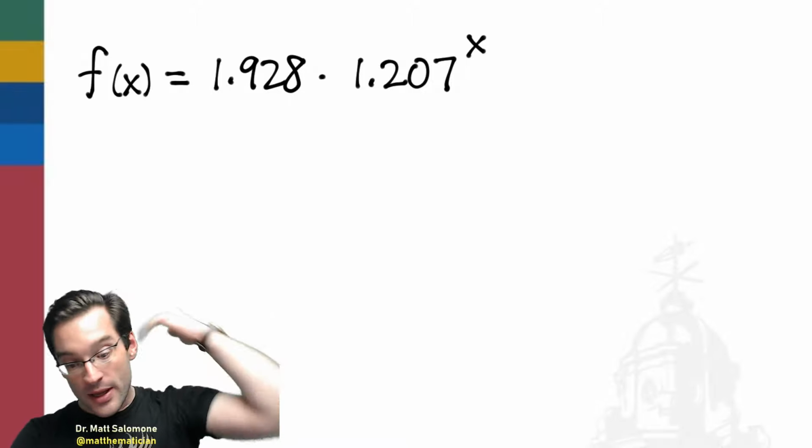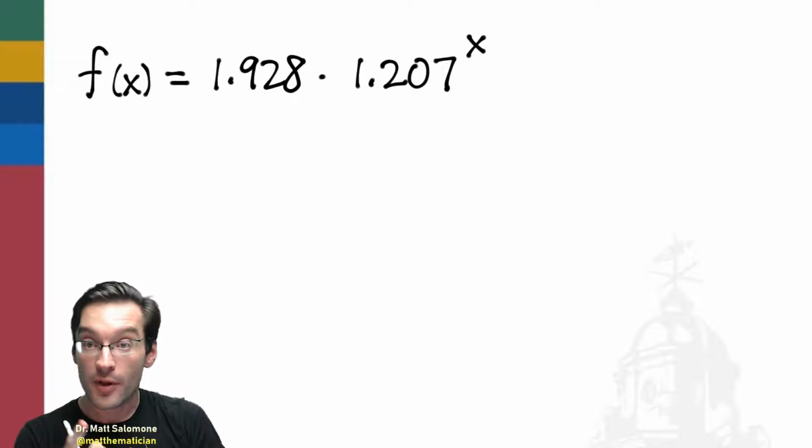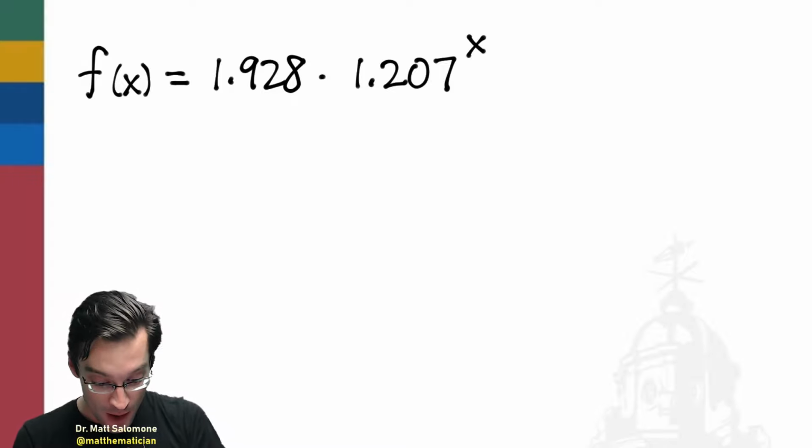So we can use this function now to do stuff. But before we do, because we've only talked about one type of logarithm so far, the logarithm that has a base of e, I want to take a moment to rewrite this in the other form, the exponential form that has a base of e instead of a base of 1.207.